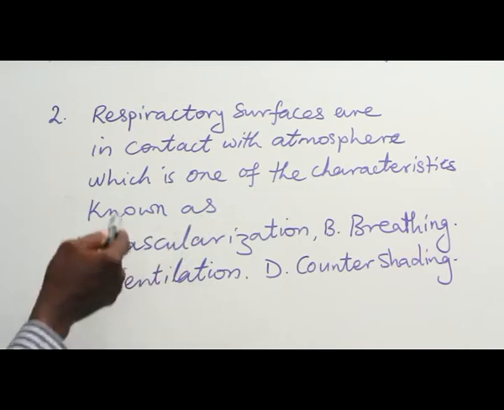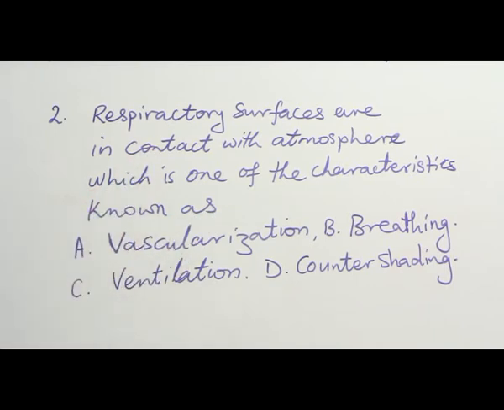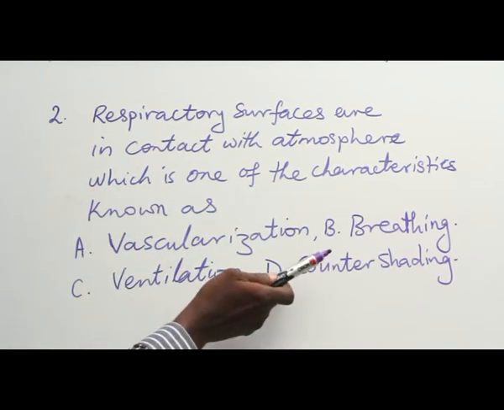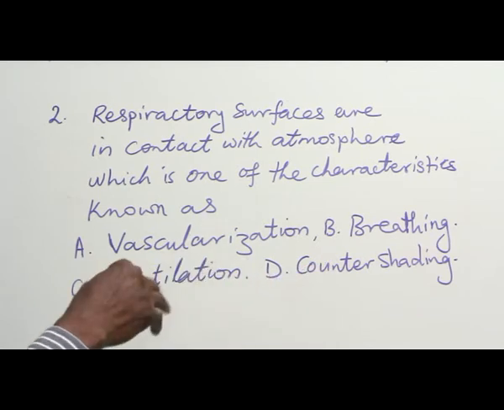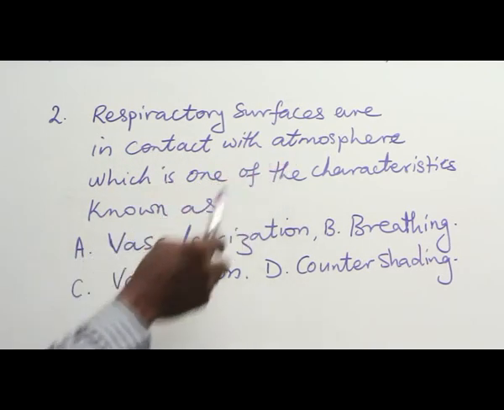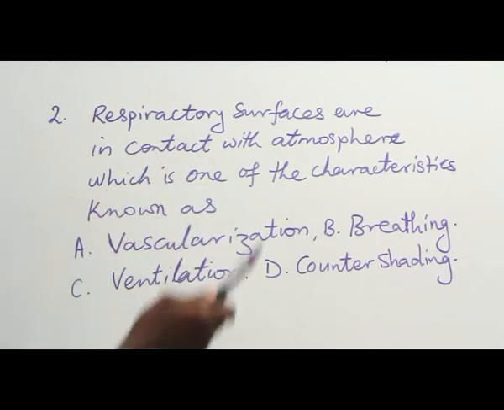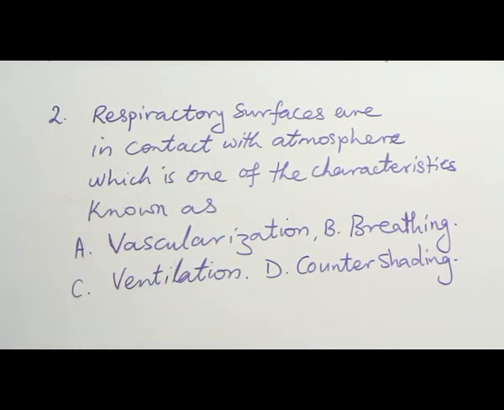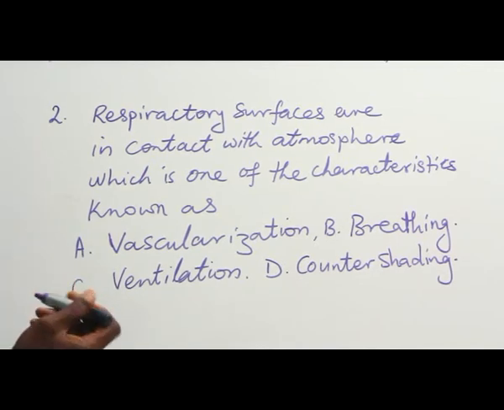It's not a characteristic of a respiratory surface. Then camouflage is different coloration of different parts to blend with the environment. The one that answers the question is ventilation. Being in contact with the atmosphere means well aerated, air will be available. That is the meaning of being ventilated.